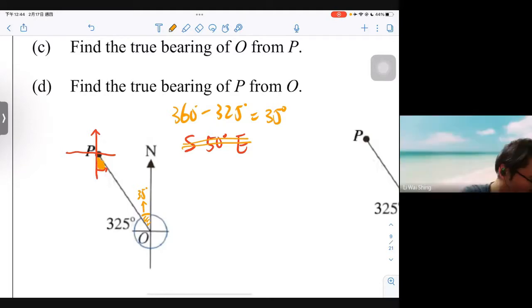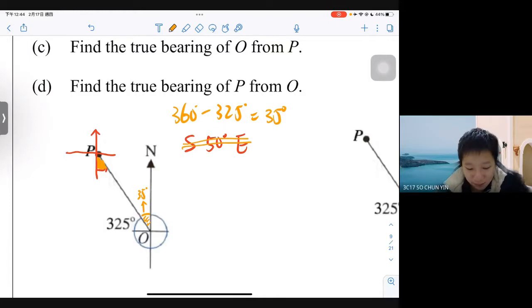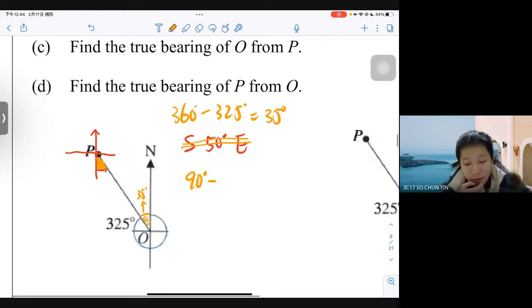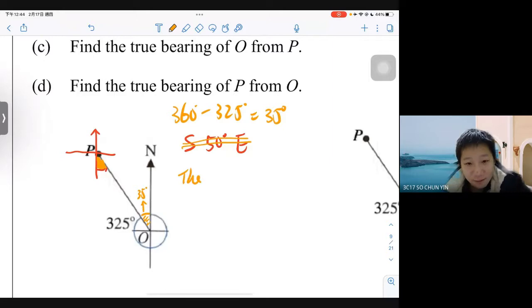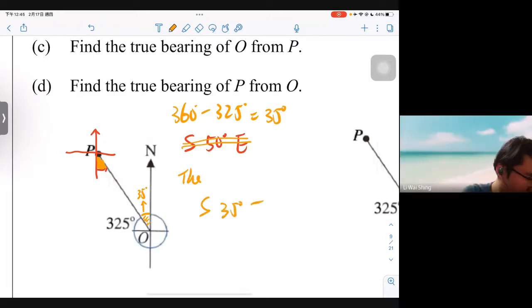Or alternate angles, yes. And 90 minus... If we are finding compass bearing, yes, compass bearing, south 35 degrees, yes, south 35 degrees east. Okay, so you don't need to find that much. Thank you so much.